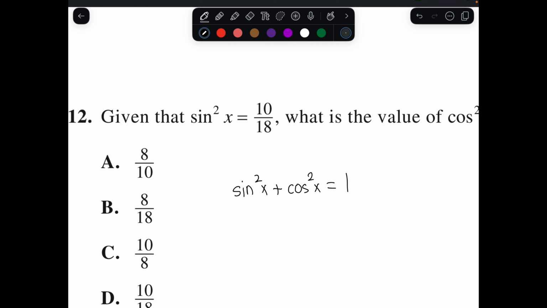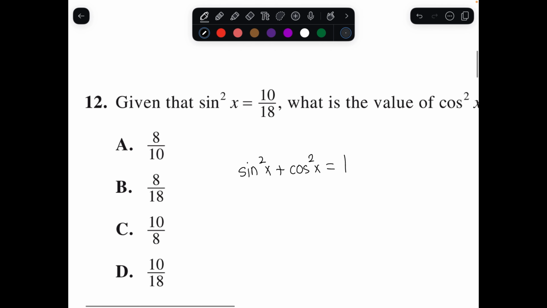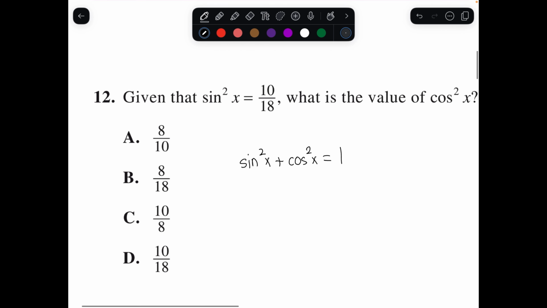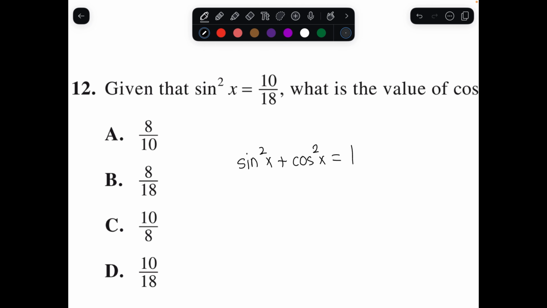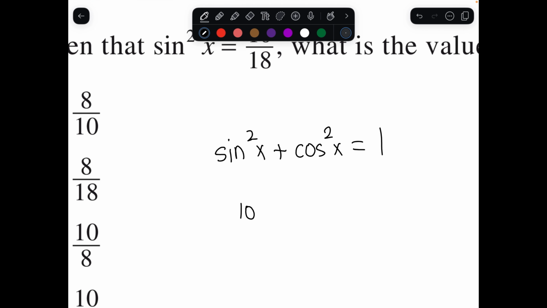And this identity is helpful because we already know what sine squared x is, right? It's 10 over 18, so we can just substitute that in. 10 over 18 plus cosine squared x equals 1.